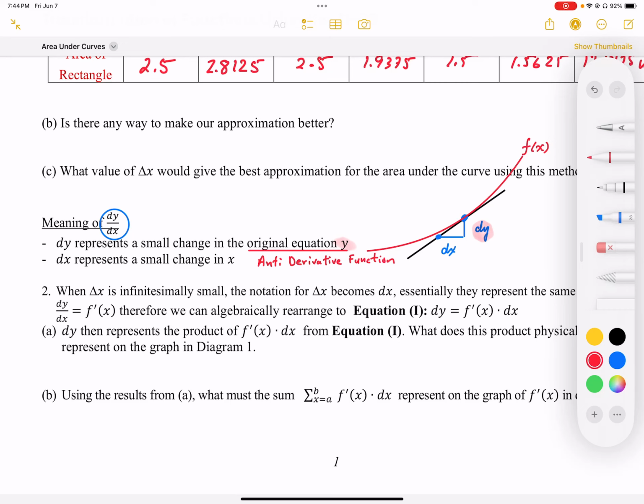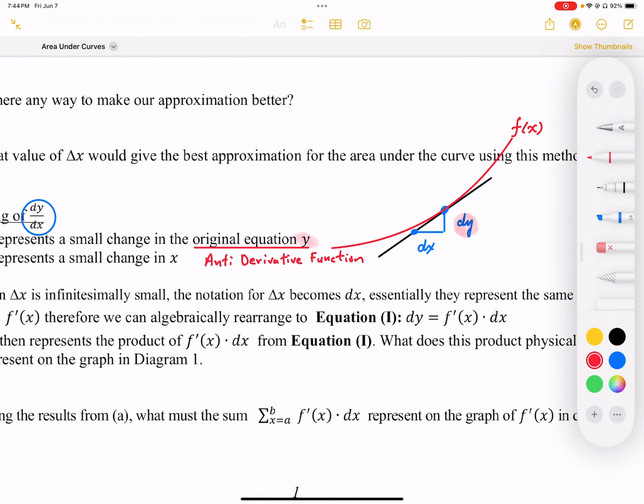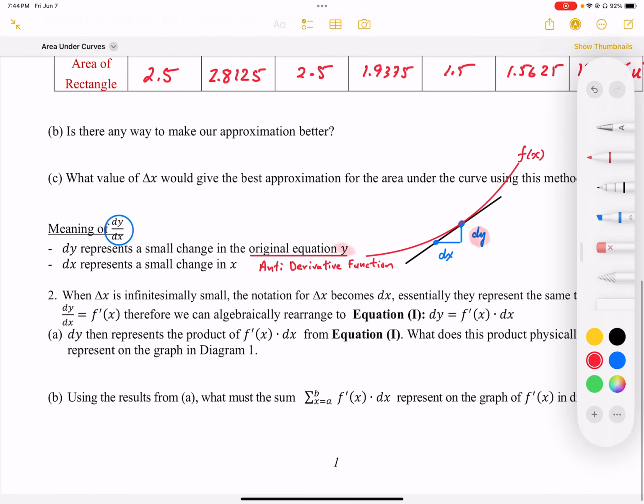Let's take a look at the meaning of dy by dx, or the derivative, which is slope. If we look a little bit closely at it, I've drawn a little picture here. It is the slope of the original antiderivative function f of x, and it is basically the slope function.